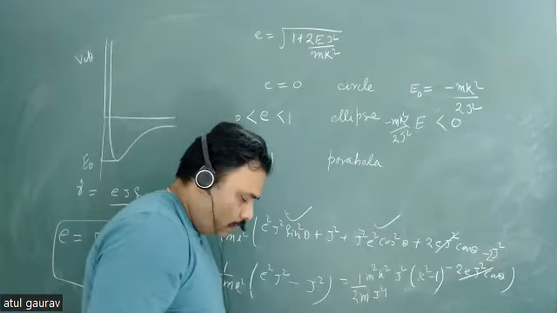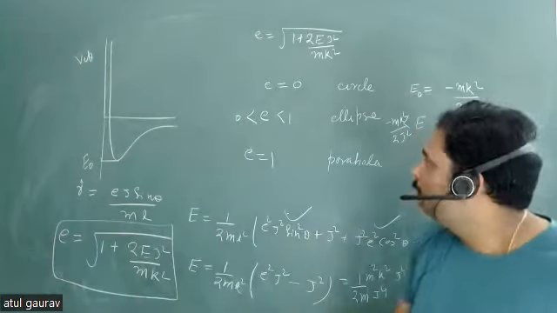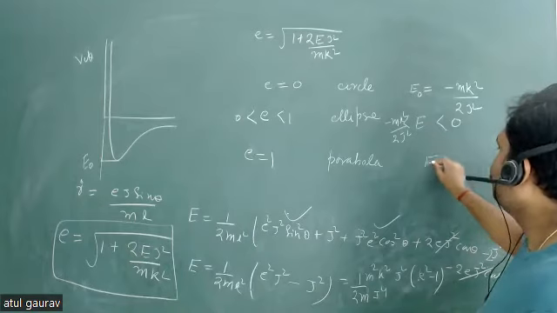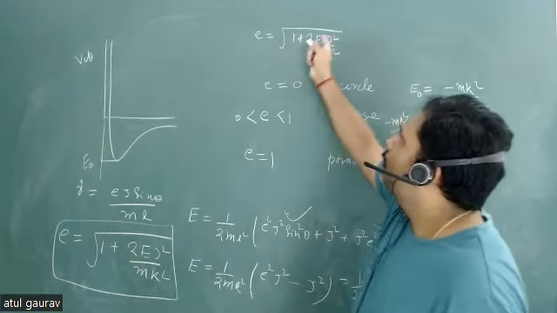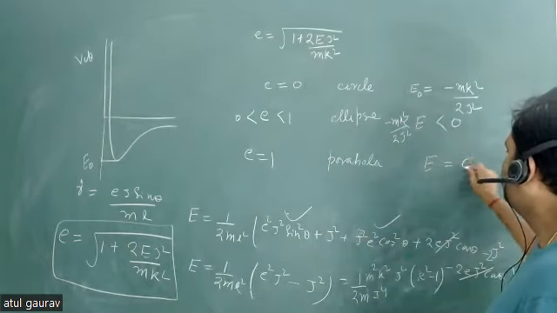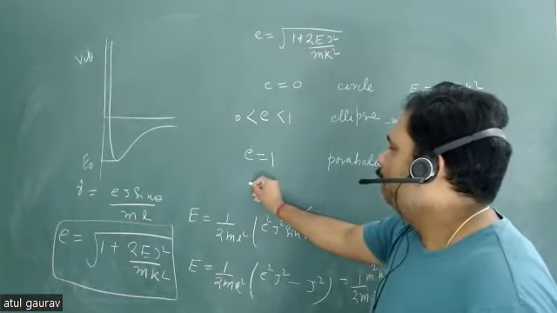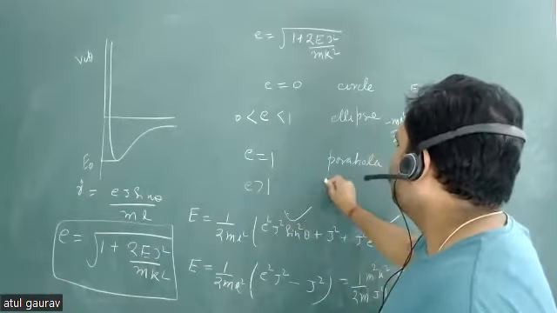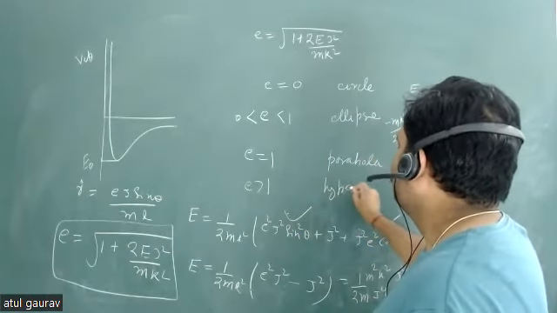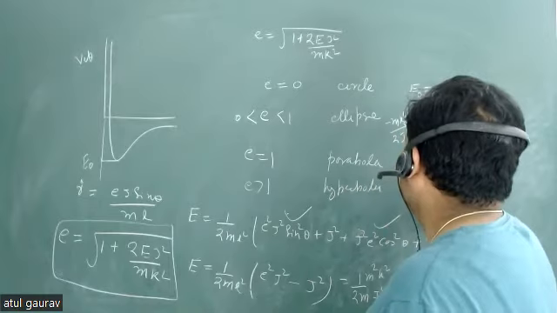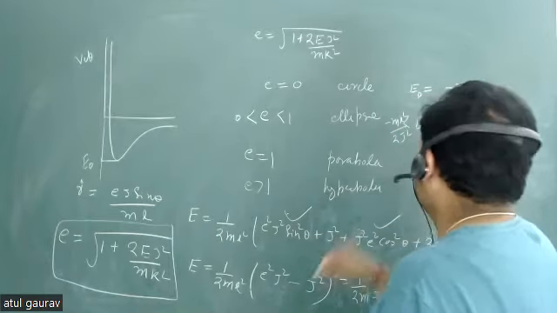So E is equal to 1 is a parabola, which means your energy is equal to what? 0. And now, if E is greater than 1, what do you have? You have hyperbola and your energy must be positive.